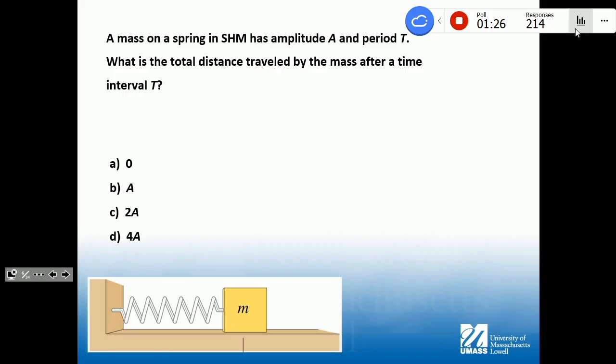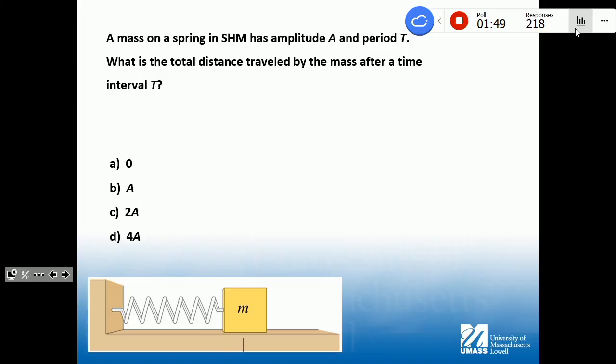You start from equilibrium, right? You go to one end. How much distance have you covered? A, right? That's the amplitude. You go back to equilibrium, you have covered another A. Correct? Now you have to go the other side. You cover another A. And then you come back. How many A's did I cover?